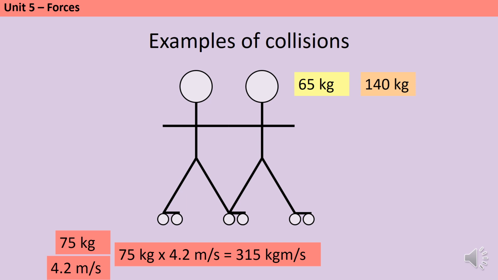Only now it's split between the two friends, not just friend number 1. So 315 kilogram meters per second must be 140 kilos times their new velocity. If I divide 315 by 140, I can now work out that they are moving at 2.25 meters per second. If I think about it, that does sound like a reasonable number. They're still moving, but they're now moving at a slower velocity than the original friend was, because there's more mass to move.